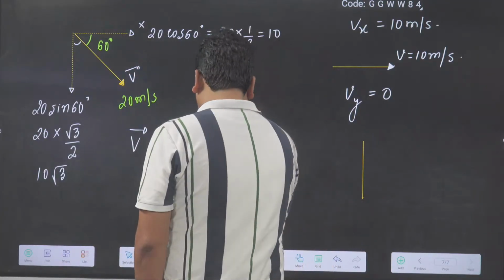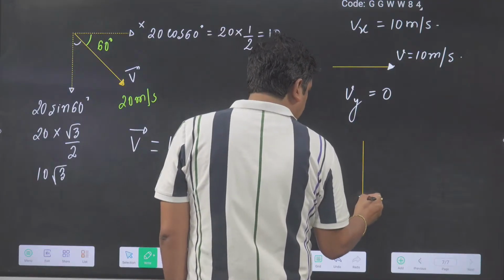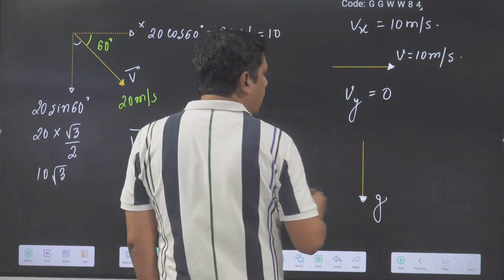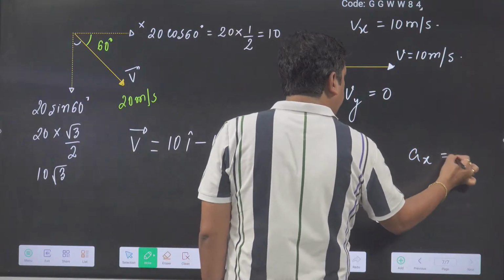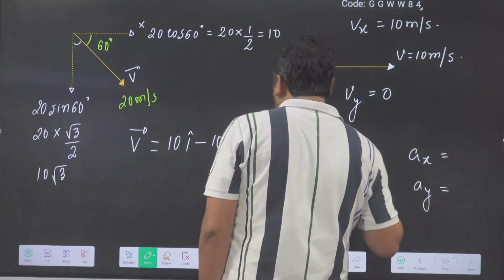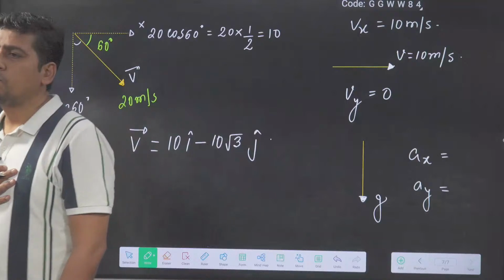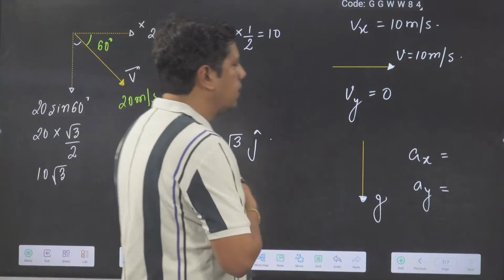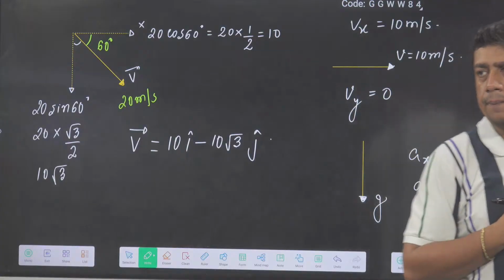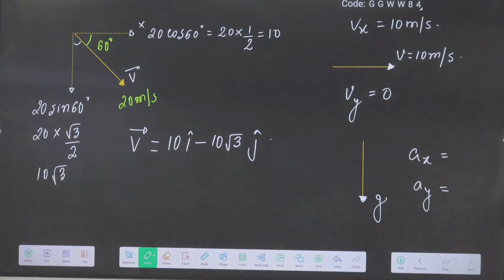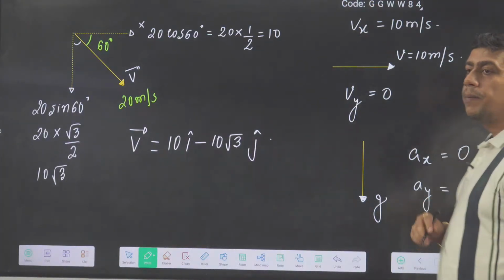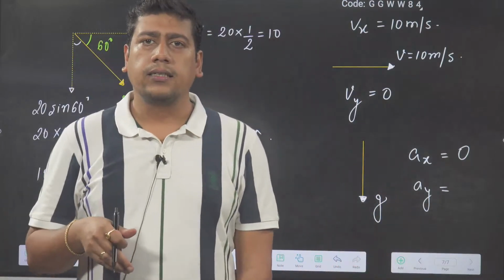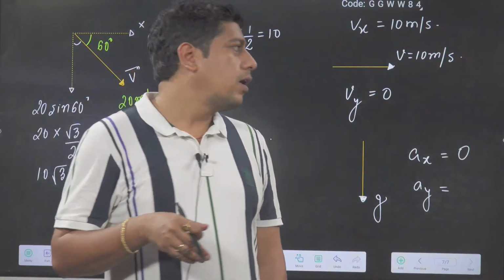Similarly, let's say this is the acceleration g. What will be the x component of acceleration and the y component of acceleration? Yes, the x component of acceleration will be 0 because the vector is completely along y axis.